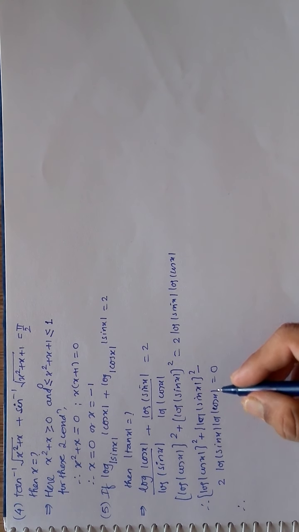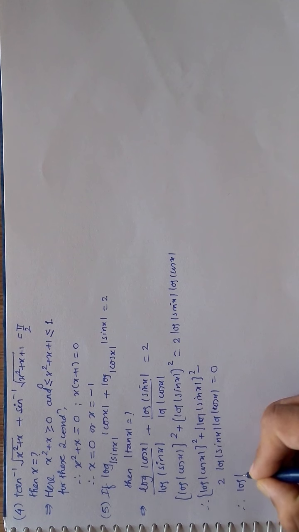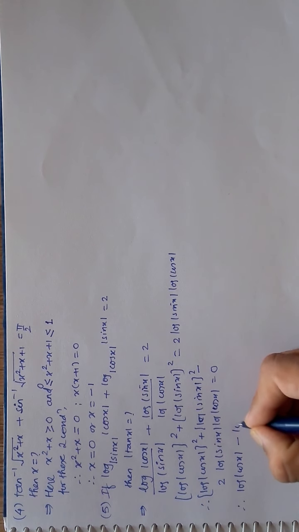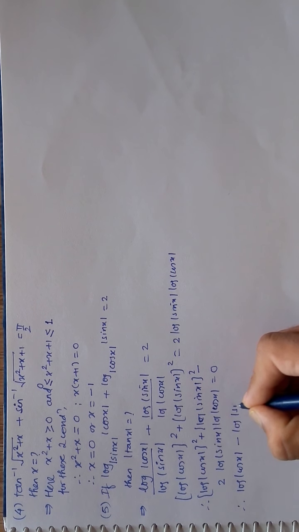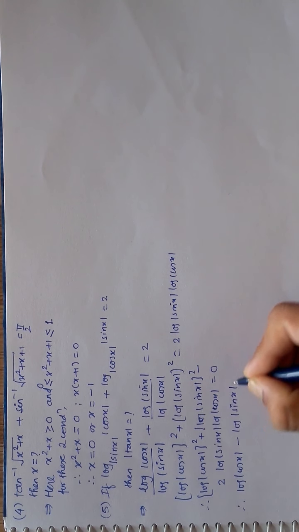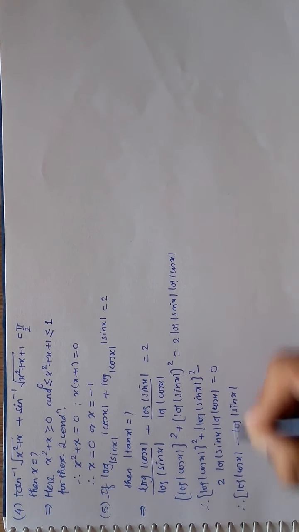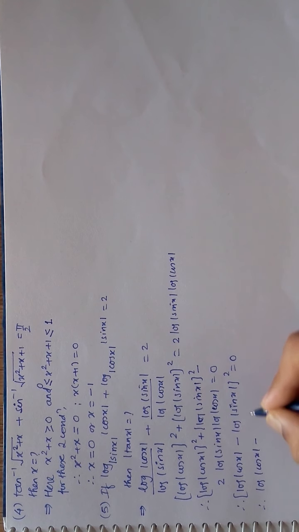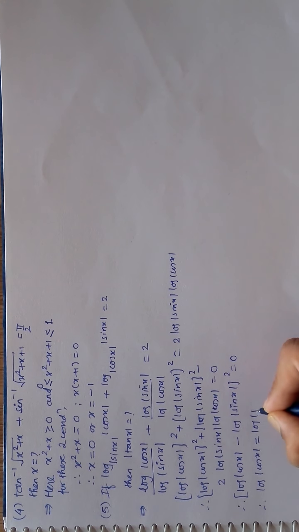So here it is log of mod of cos x minus log of mod of sin x, the whole square formula, which is equal to 0, implying log of mod of cos x is equal to log of mod of sin x, right? Log of mod of cos x is equal to log of mod of sin x.